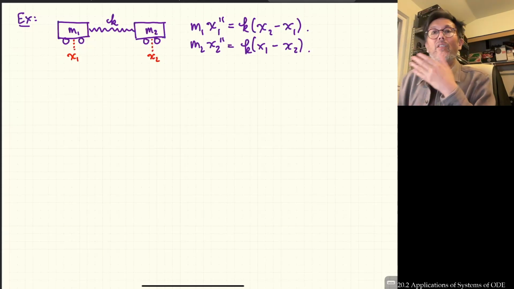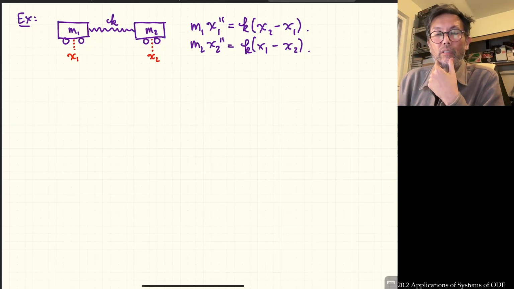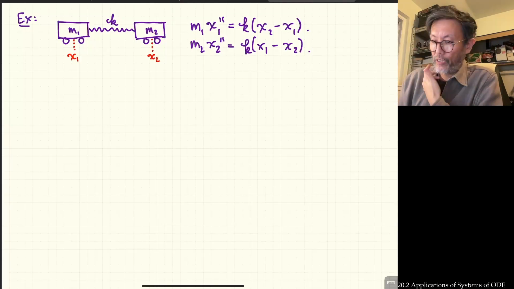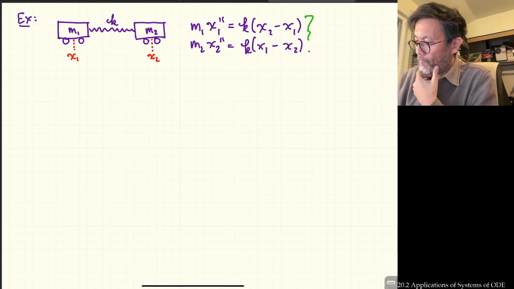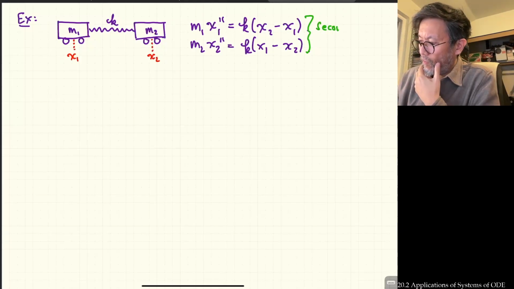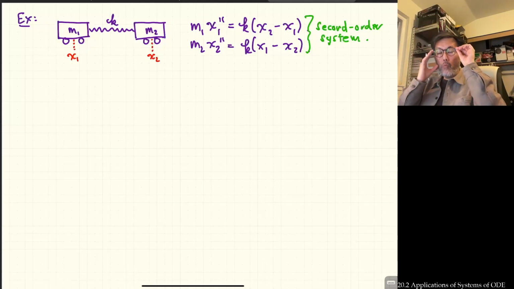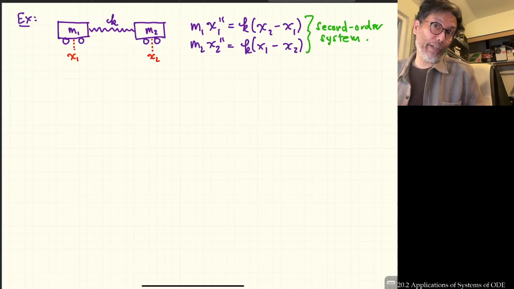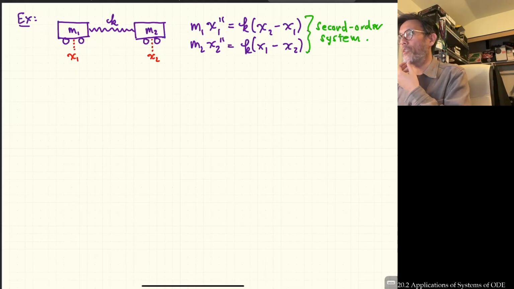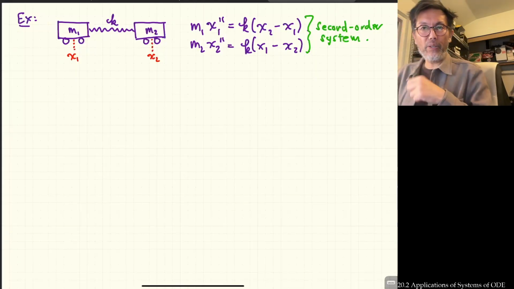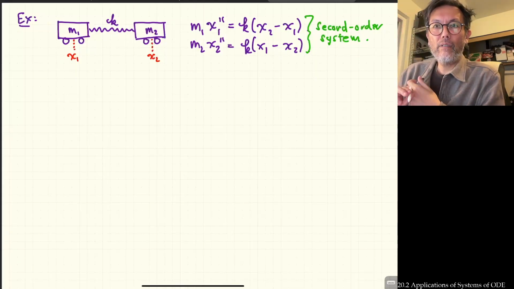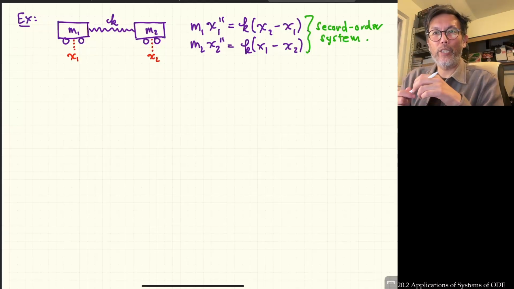So this is a second order system of equations, which is very much related to the harmonic oscillator stuff that we've been doing in our first explorations around ODEs.